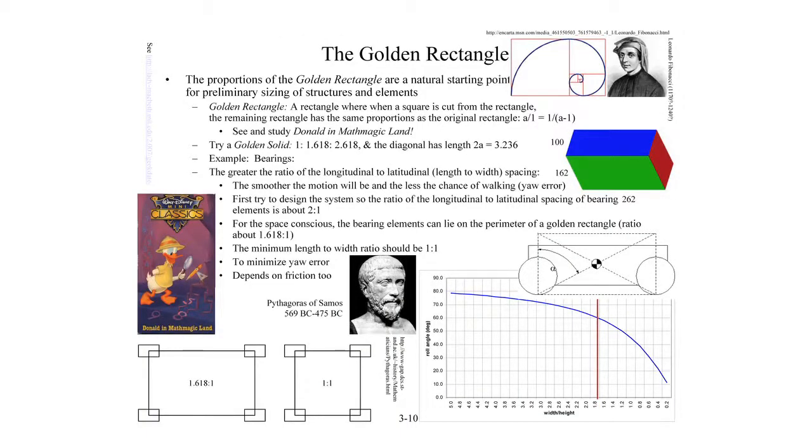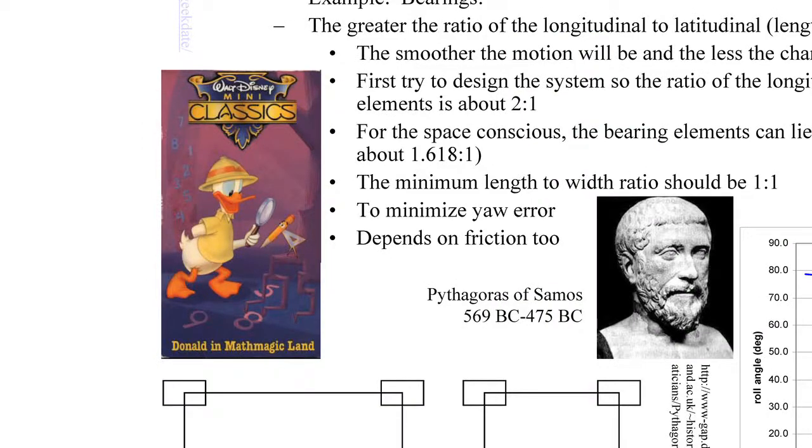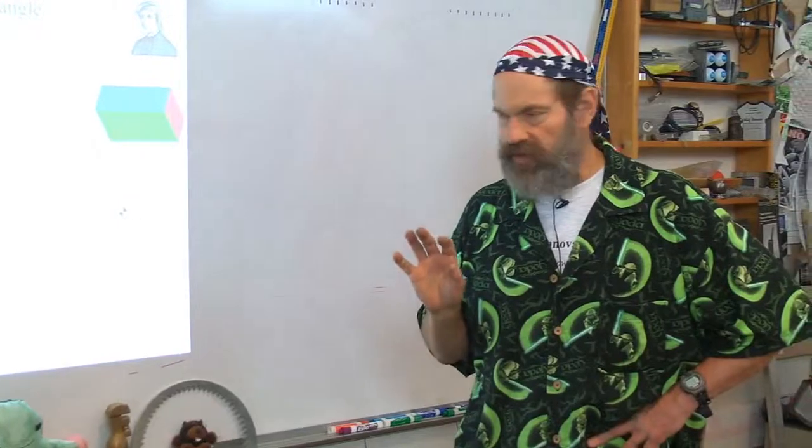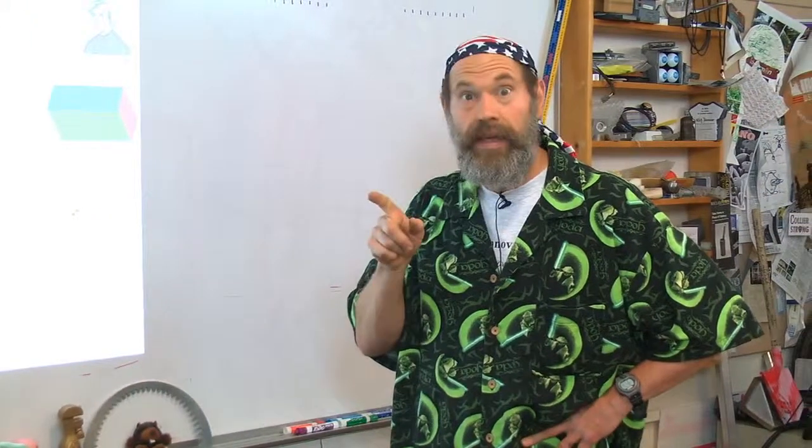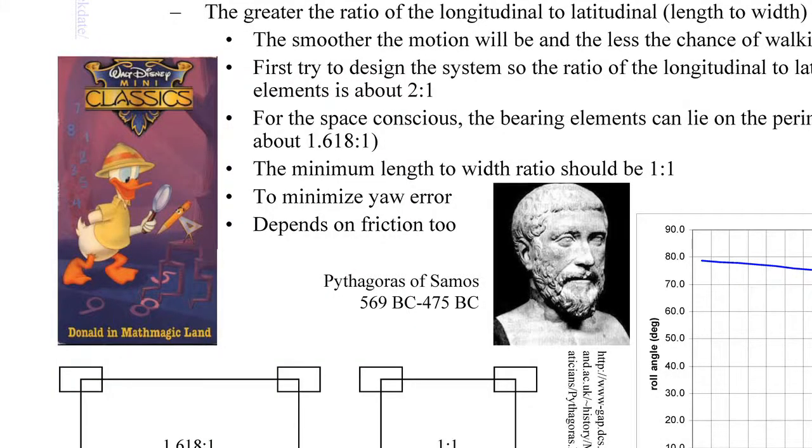Next, the golden rectangle. Very important. I think you can get this from YouTube: Donald Duck in Mathmagic Land. Download it, watch it, learn from it. Why? Because way back, remember this dude, Pythagoras?